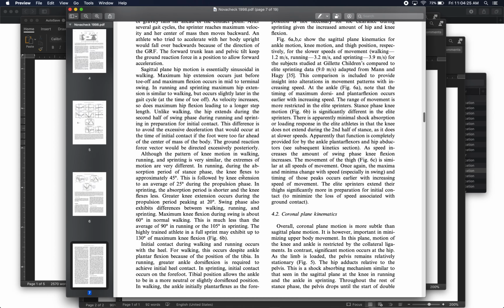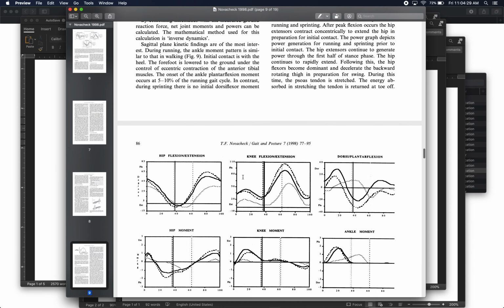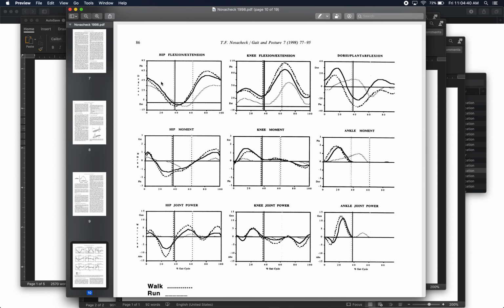Now, one thing that I emphasize in that class is what you can infer about muscles from looking at data like this in Figure 9. This is Figure 9 of the Novacheck paper, page 10 out of 19 in the paper, page 86 in the file itself.